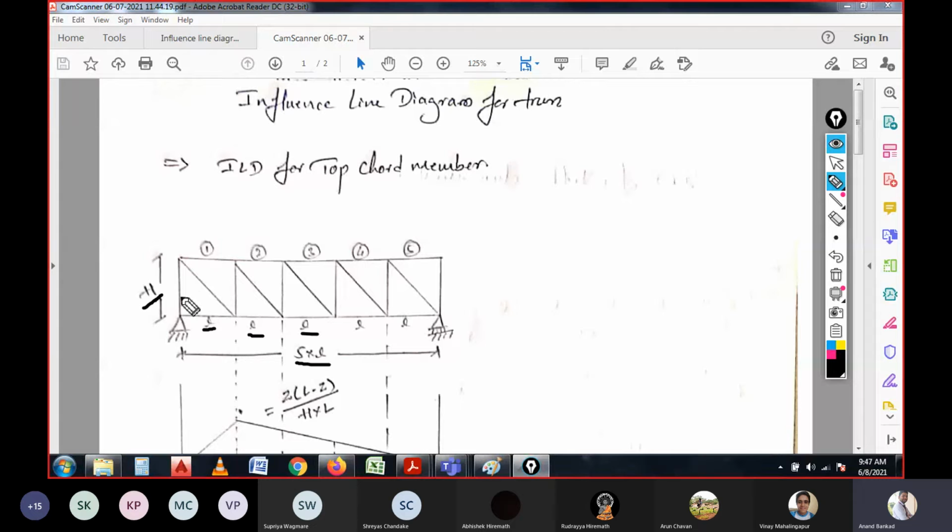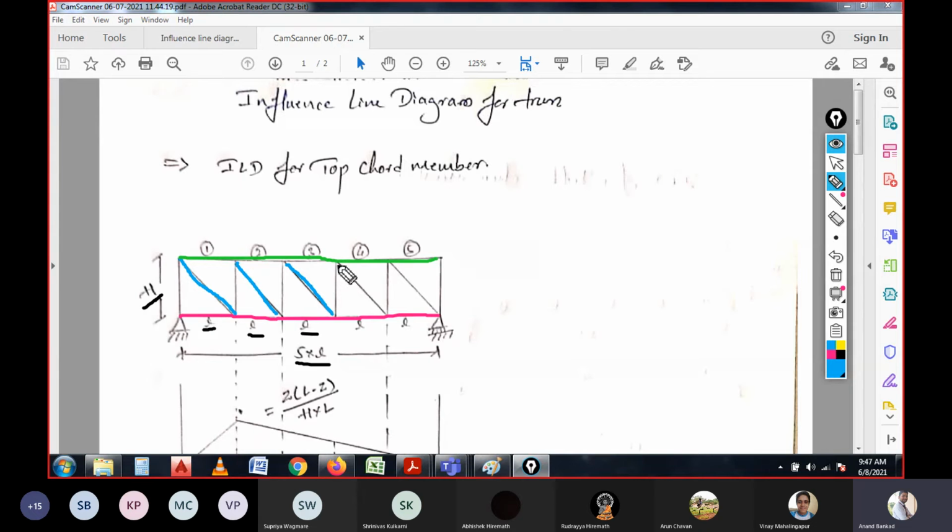The truss has diagonal members, which I will show. Apart from that we have the bottom chord members, and the top chord members. So these are the bottom chord members, top chord members, as well as diagonal members.